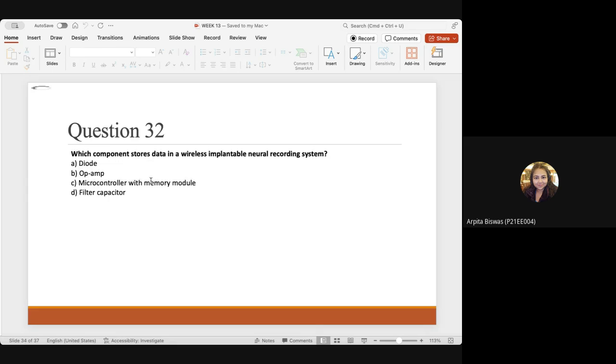So this is question number 32. Which component stores data in wireless implantable neural recording system? First is the diode, second is the op-amp, option C is the microcontroller with memory module, and option D is the filter capacitor.